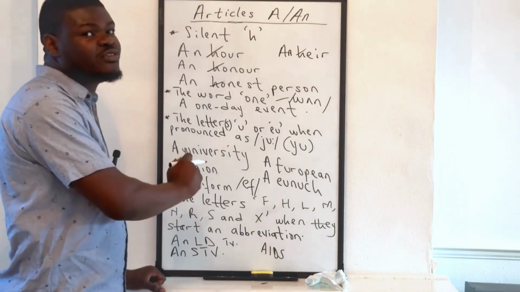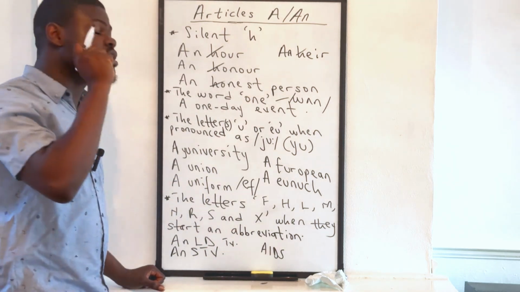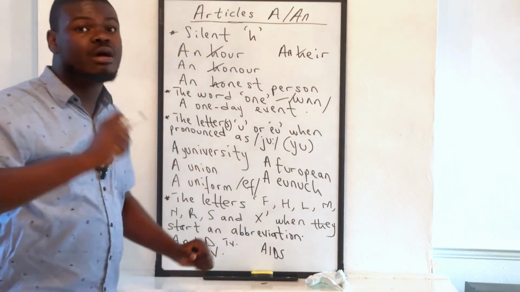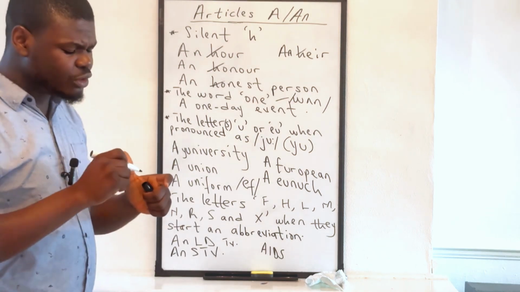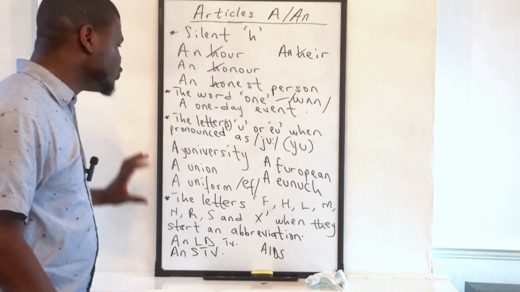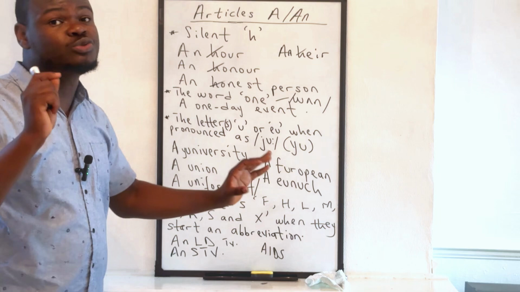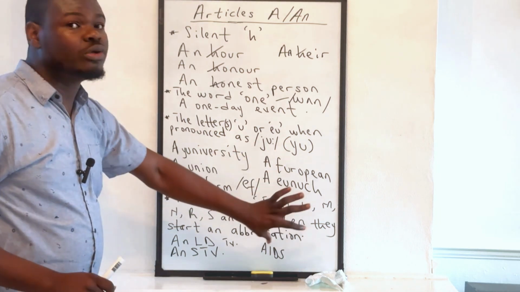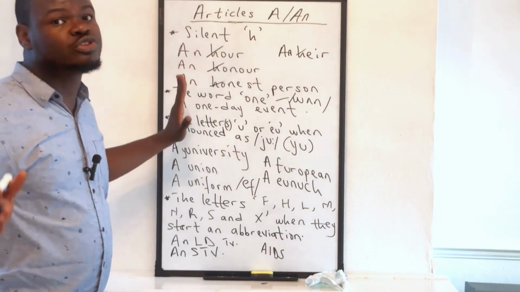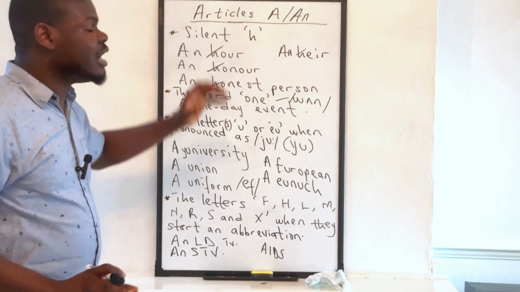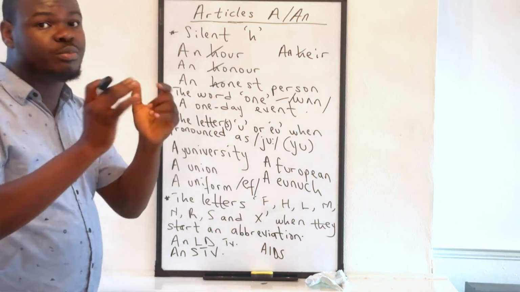So that means that the first sound that we hear is the eh sound before the F sound. Don't forget, this rule only applies when we're talking about abbreviations. Please do not carry this rule into all that we've talked so far. No, this rule only applies when we talk about abbreviations, yeah?